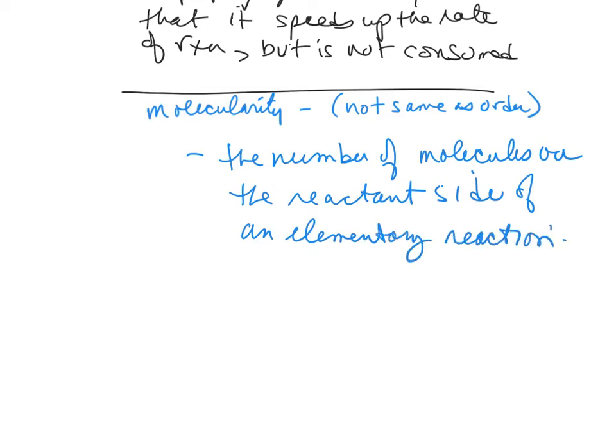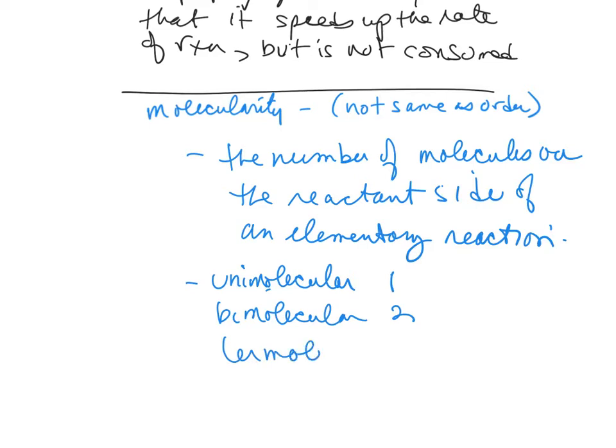And we use the notation unimolecular, and it's given a number 1. That's not a negative there. I'll just say 1. Bimolecular, it's going to be 2. Termolecular is 3.